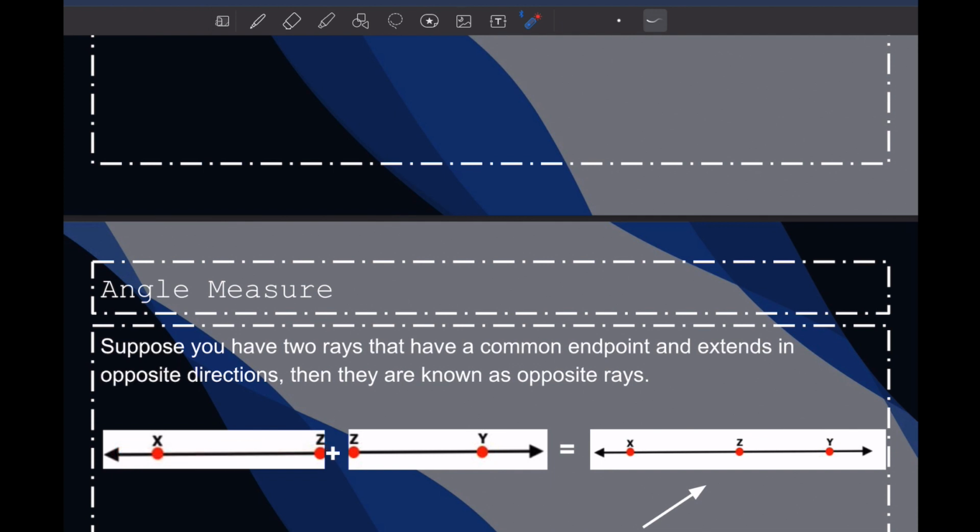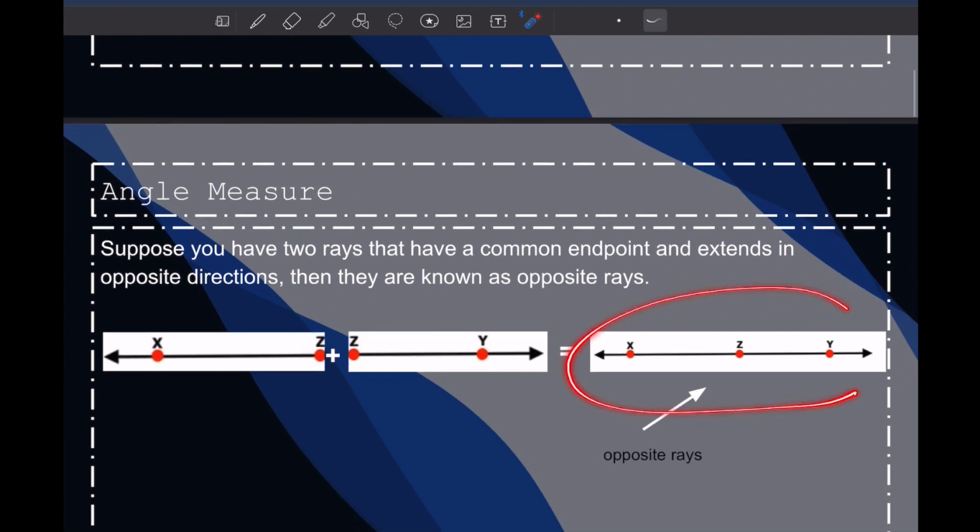If I were to connect those two rays, then I will have something like this, right? So if you have two rays that have a common endpoint, which is what we have here, common endpoint Z, and it extends in opposite directions, then they are known as opposite rays. Okay, that's something that we need to know.